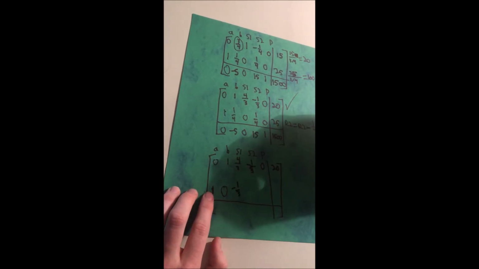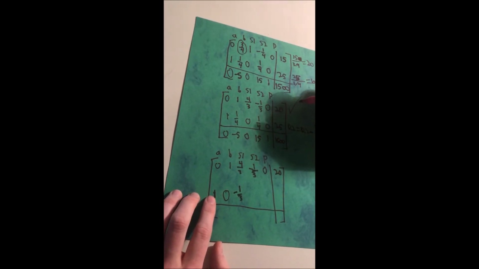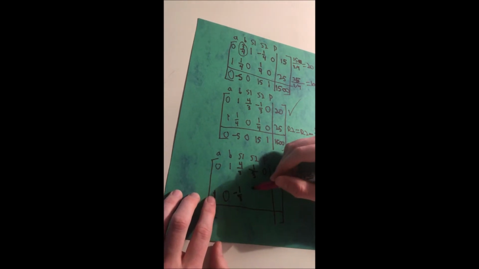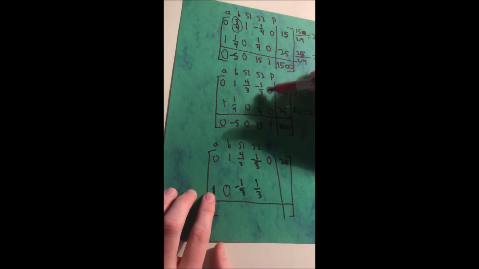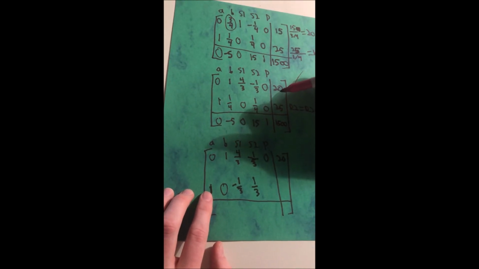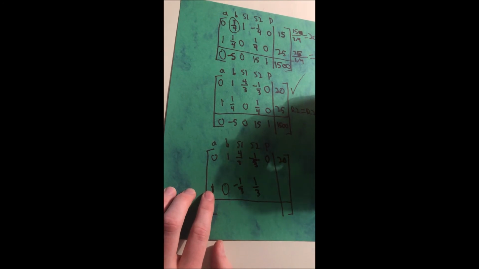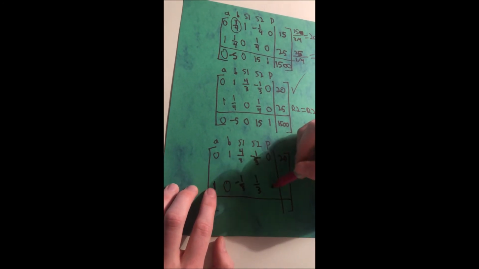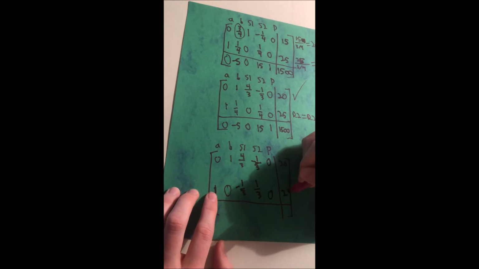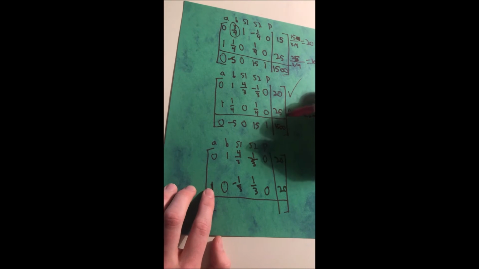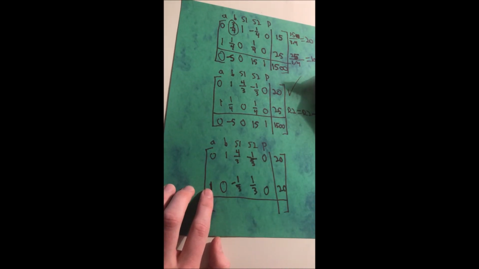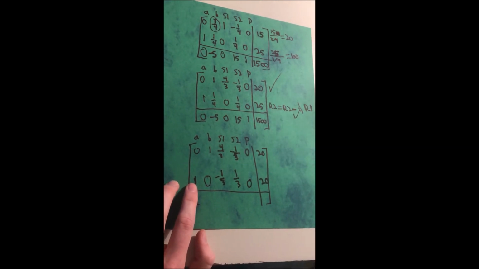If we do the same thing with these two numbers, it would be 1/3, because 1/12 plus 1/4 is a third. And we have 0, 20, because 1/4 of 20 is 5, 25 minus 5 is 20. And now we have our second row all checked out, so good for that.